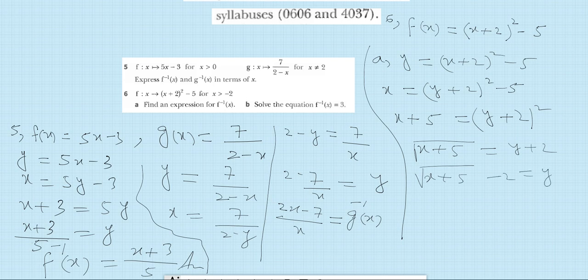And finally replace this y by f inverse x, which is equal to square root of (x plus 5) minus 2. This is the answer of part A. Next, part B.